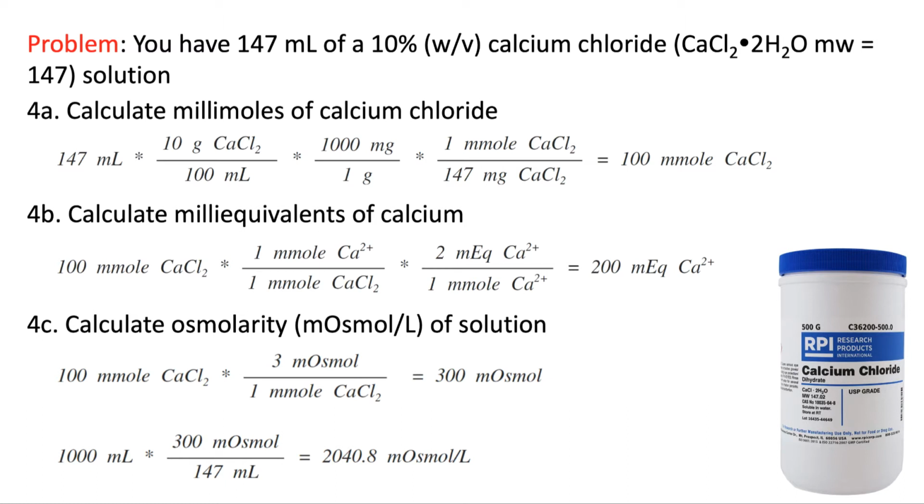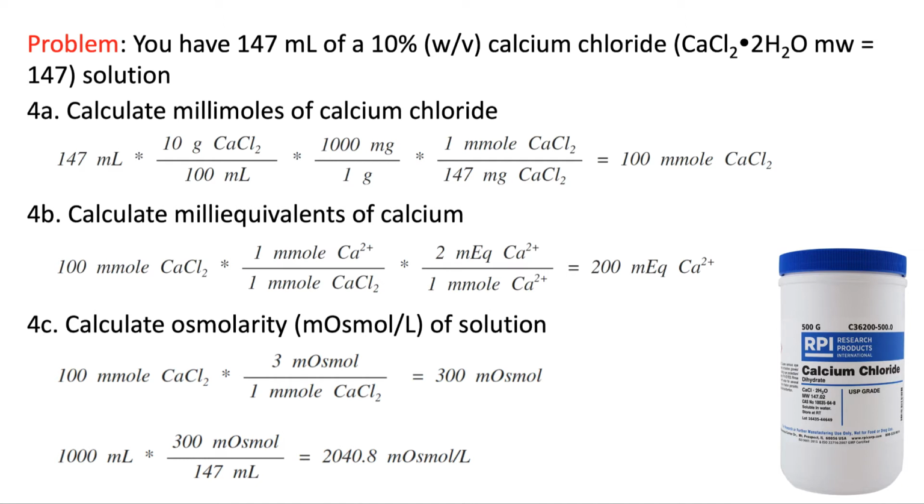If you look at the formula CaCl2, since it's an electrolyte that in water would dissociate, it would dissociate into 1 calcium and 2 chlorides. So calcium plus chloride equals 3 total particles. So we're going to multiply this by the fact that there would be 3 milliosmoles for every 1 millimole of calcium chloride. So 100 times 3 means we would get 300 milliosmoles.